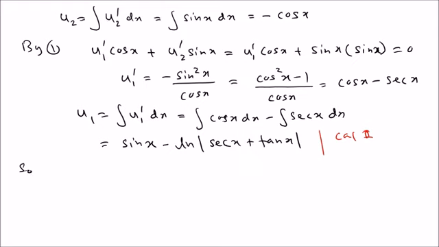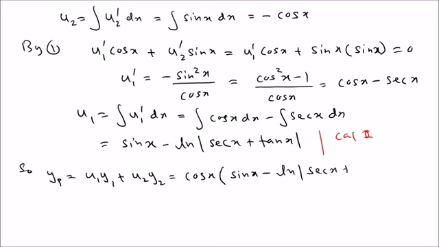So yp is simply u1 y1 plus u2 y2, which equals cosine x times sine x minus ln secant x plus tan x, plus u2.